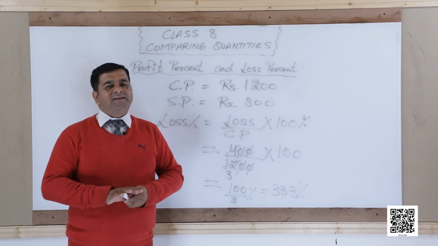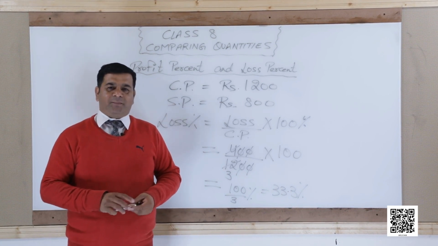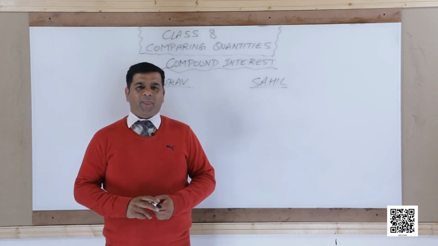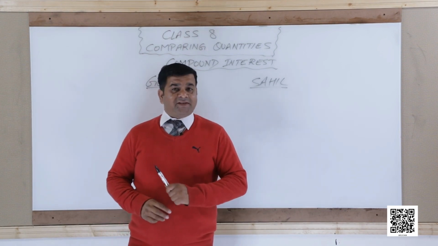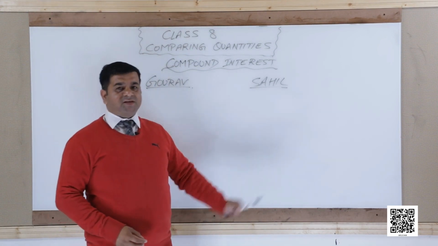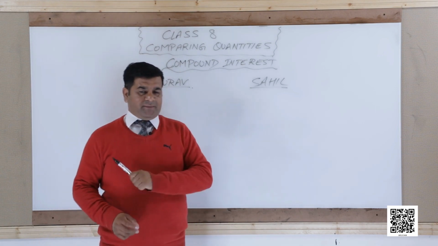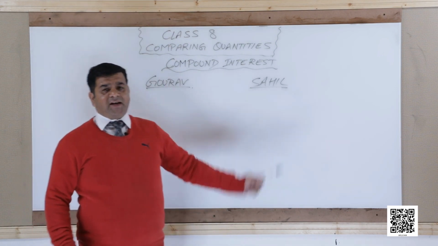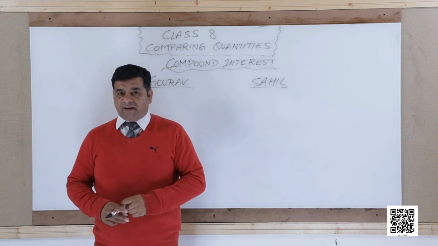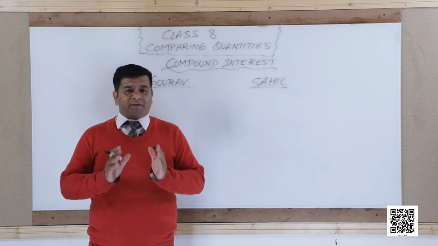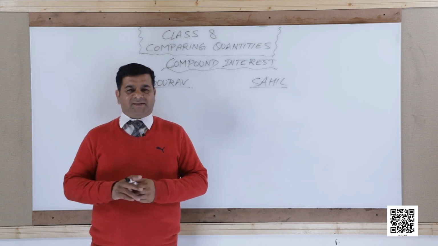Now let's study another aspect of comparing quantities. Students, now we will study compound interest with the help of one story. Gaurav and Sahil were two friends. One day they both decided to deposit some money in banks.